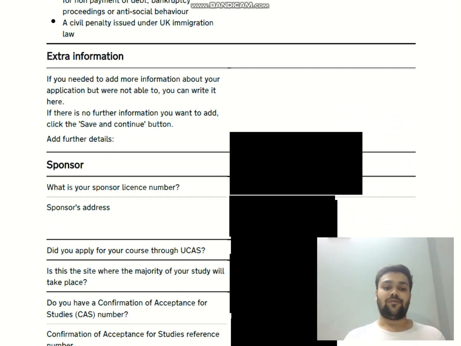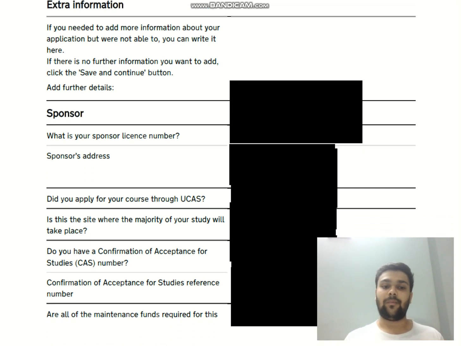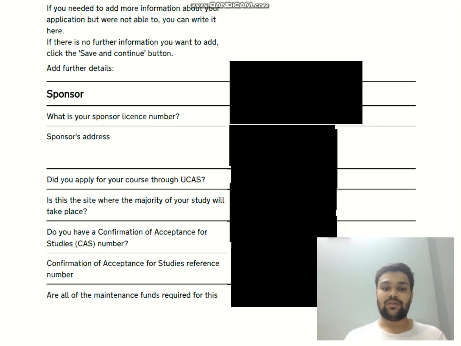in which the sponsor information is also there. What is a sponsor license number? So it is basically a university license number. Your sponsor address, so it's the university address. Did you apply for your course through UCAS? Is this the site where the majority of your study will take place? So if the main campus is the place where maximum of your lectures will be taking place, then it's a yes.